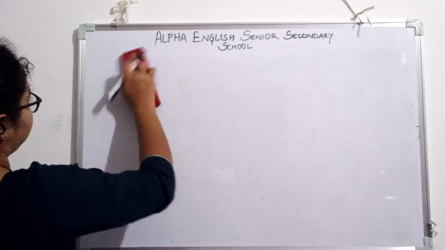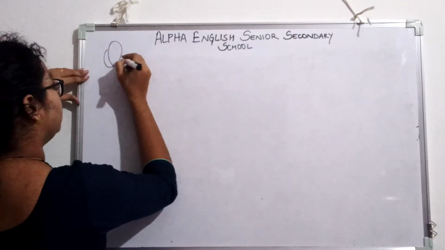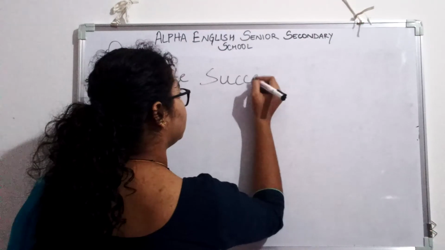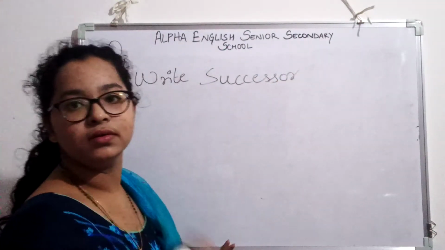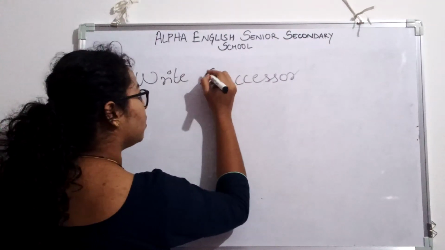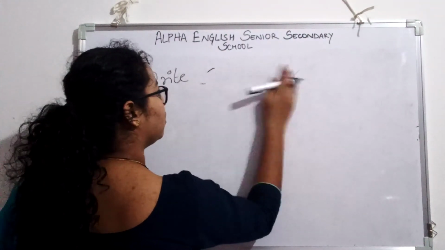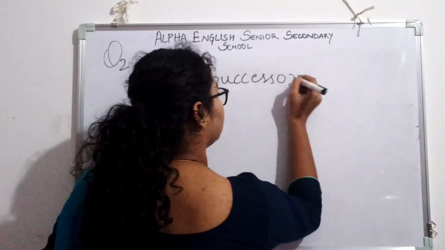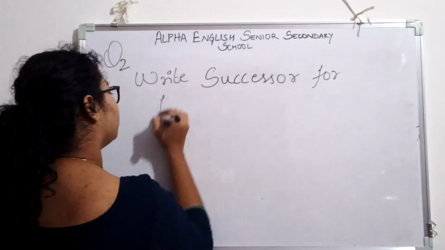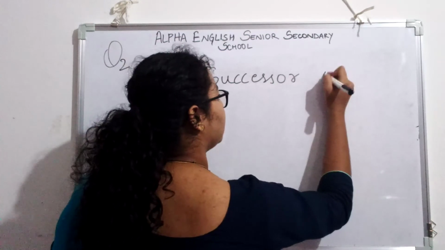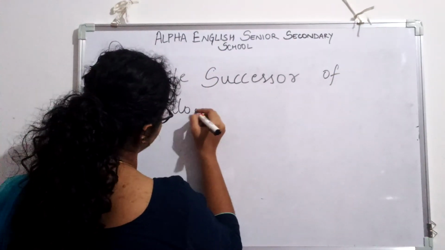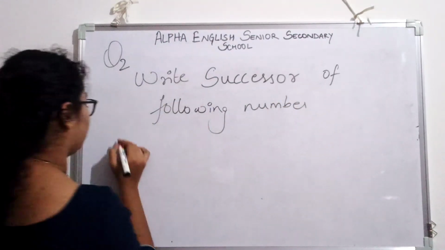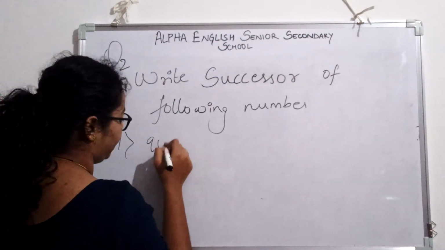The next question, question number 2, is write the successor of the following numbers. Question number 1, 90.